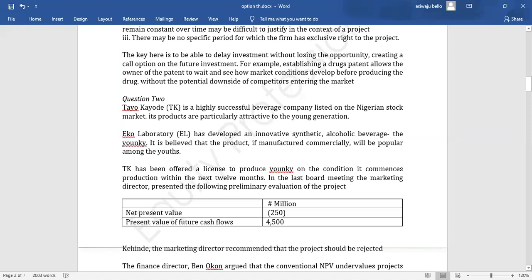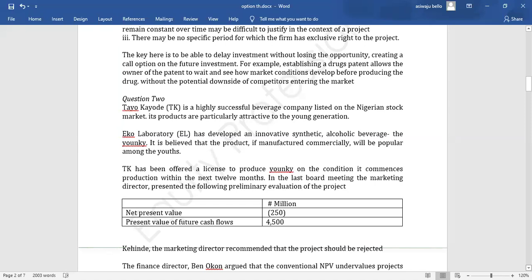Tayo Kayode has been offered a license to produce Yonki on the condition that it commences production within the next 12 months. That means it is not a must to commence production now. You have a license to commence production within 12 months. That is 1 year.